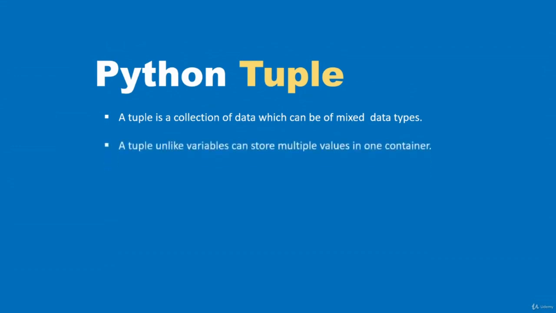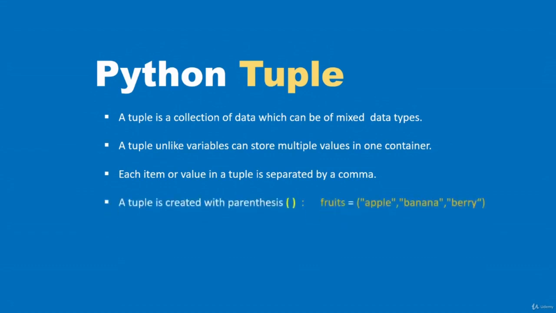Each item in a tuple is separated by a comma. You can also create a tuple using parentheses. For example, you can create a tuple called fruits and then use the equals to assign values to the tuple, which are placed inside parentheses.